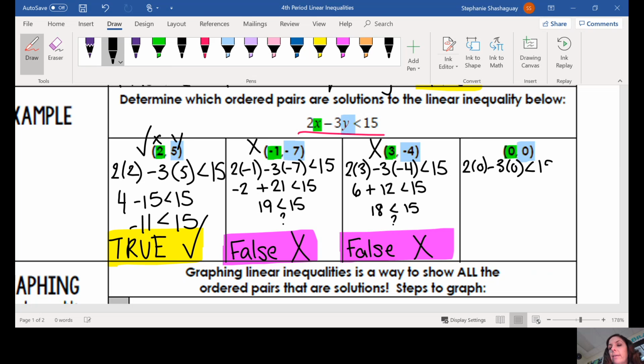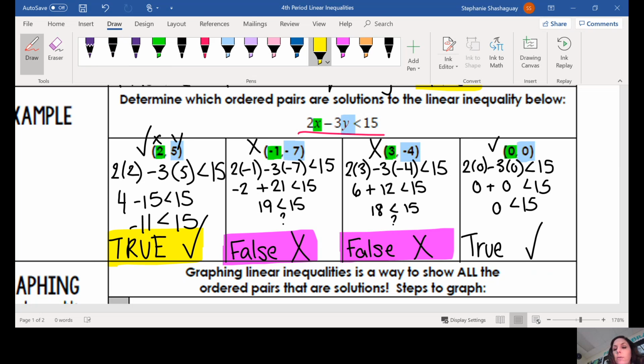Is that less than 15? Well, 0 times 2 is 0. Negative 3 times 0 is 0. Is that less than 15? Well, yes, 0 is less than 15. It is a true statement. So it is an answer to this inequality. True.